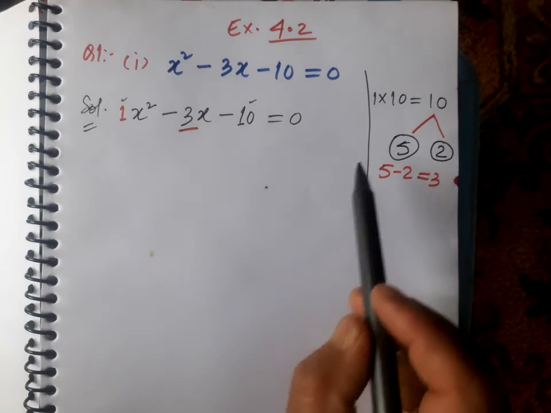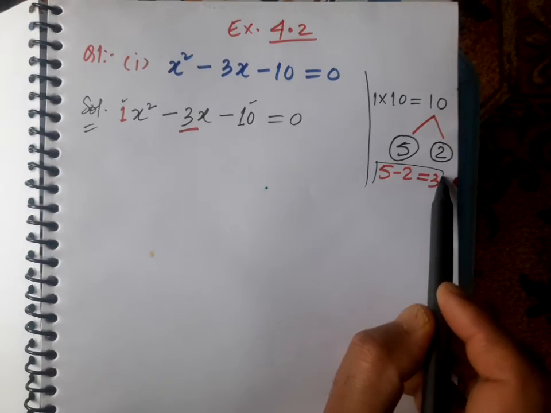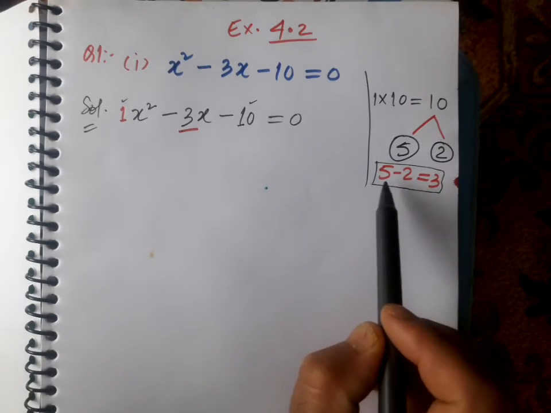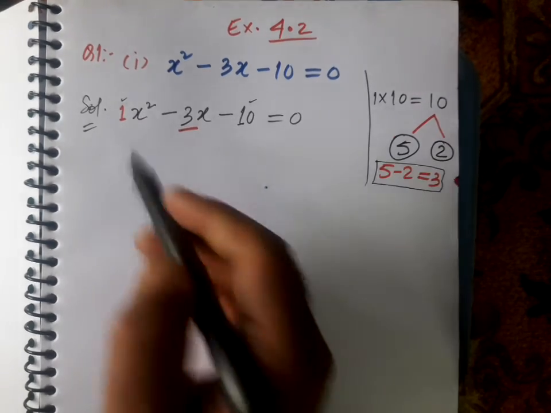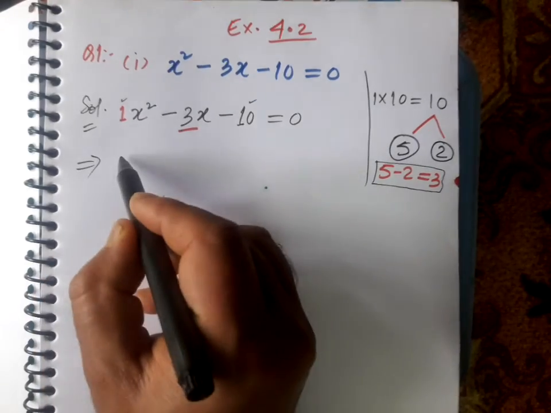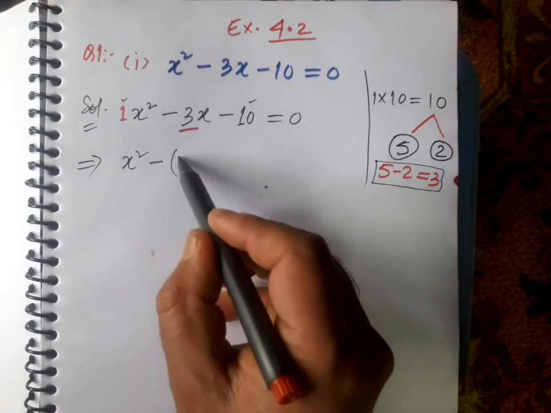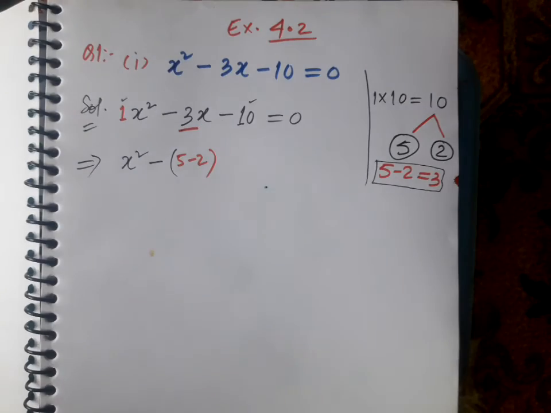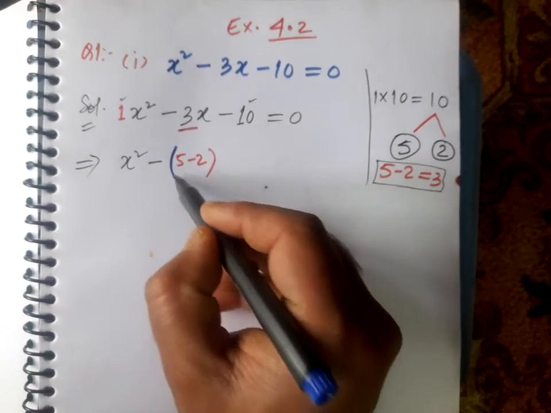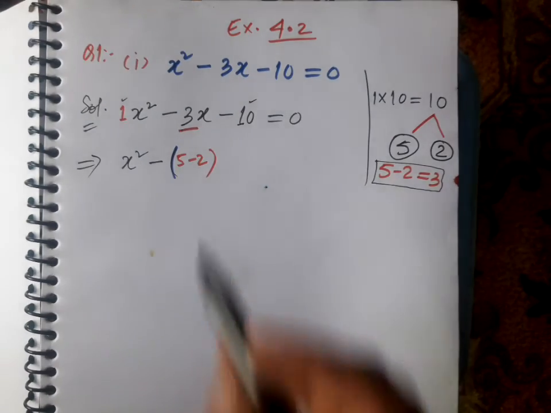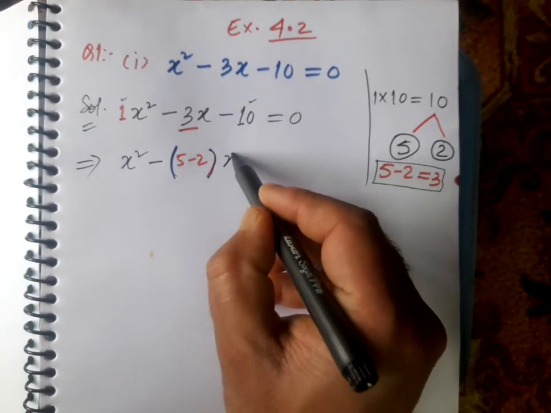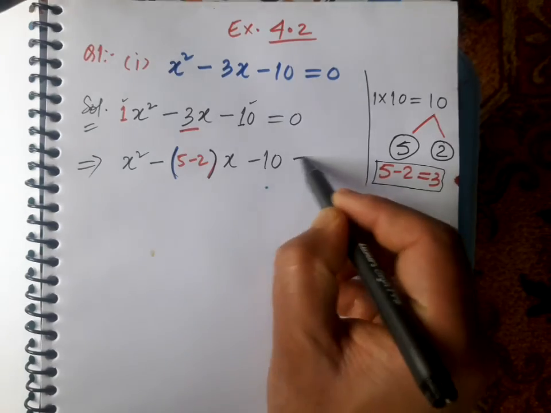So we will write 3 as a difference of two factors, 5 and 2. This implies x squared minus 3x, instead of 3 you can write 5 minus 2, so we separate the middle term, minus 10 equal to 0.